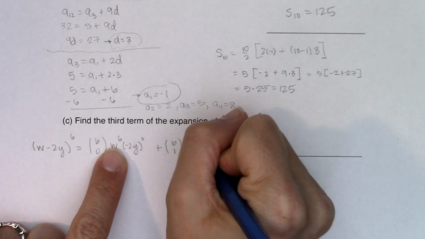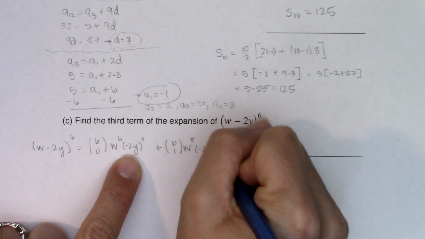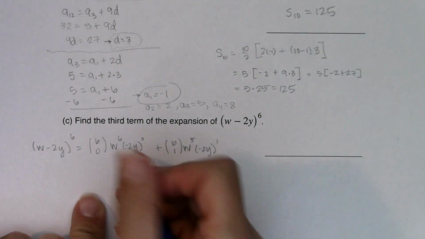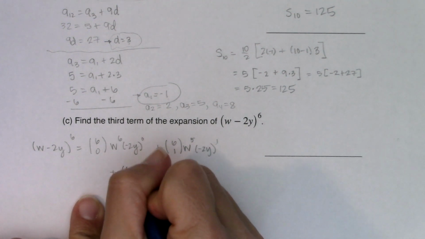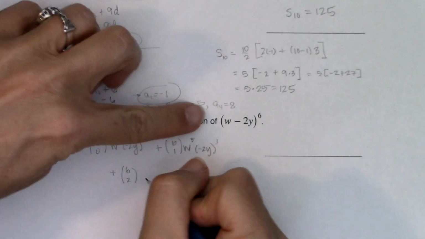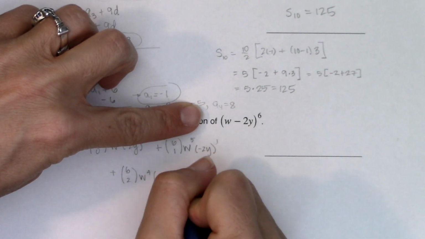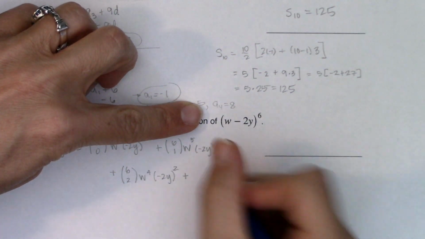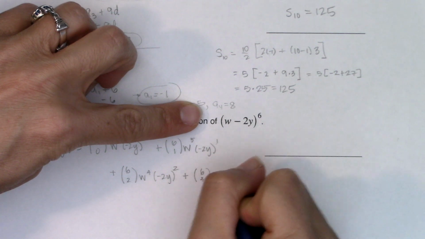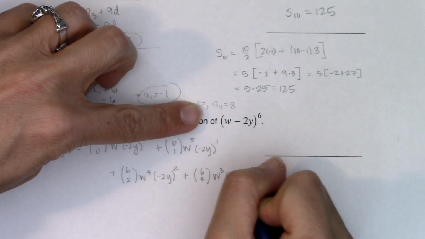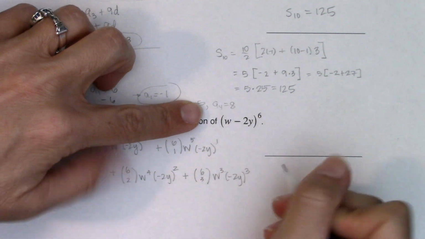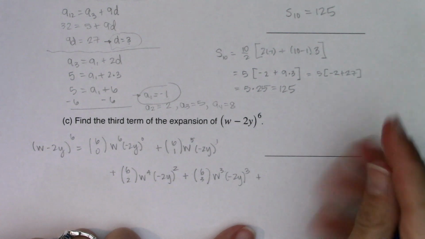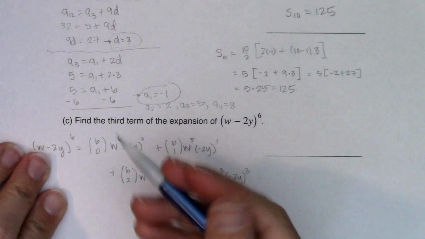Power on w decreases, power on negative 2y increases. And at any time, these powers should total to 6. All right, next term, 6 choose 2. Power on w decreases, power on negative 2y increases, and those total 6. Great. I'm going to keep on going. We got 6 choose 3. W decreases, negative 2y increases, they total to 6. I'm going to keep going. Let me move this over here so I don't run out of room.